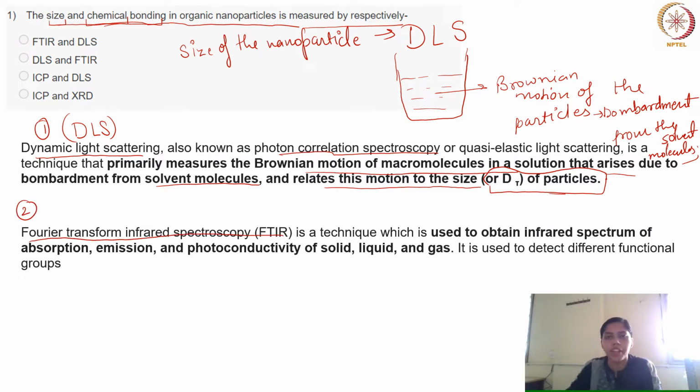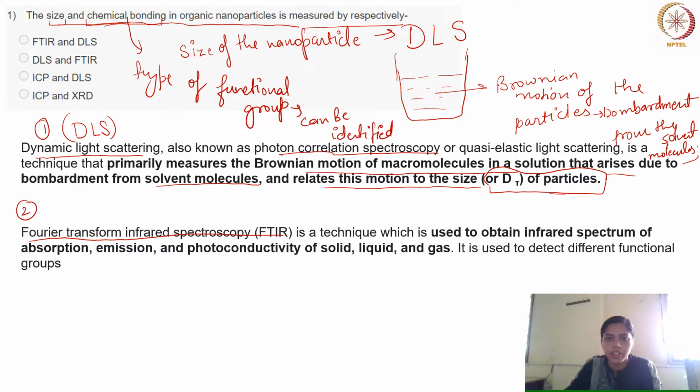In this type of technique, basically the infrared spectrum of the absorption or the emission of a solid, liquid and gas can be taken, and this is used to find out the type of functional group that can be identified using FTIR.